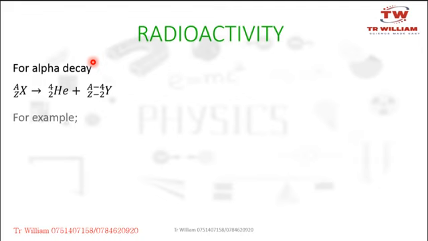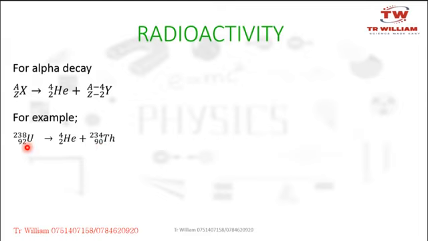Take an example. If we have uranium 238, it has a mass number of 238 and an atomic number of 92, and it undergoes an alpha decay. It decays by emitting an alpha particle. This uranium's mass number is going to reduce by 4, so it will remain as 234. And the atomic number will reduce by 2, so it will remain as 90.